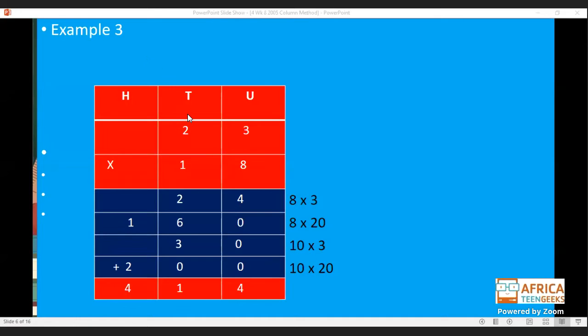Okay, let's do this one together. So we first multiply this 8 with the 2 top numbers, and then we multiply 10 with the 2 top numbers. Okay, let's start. So 8 times 3 is 24.